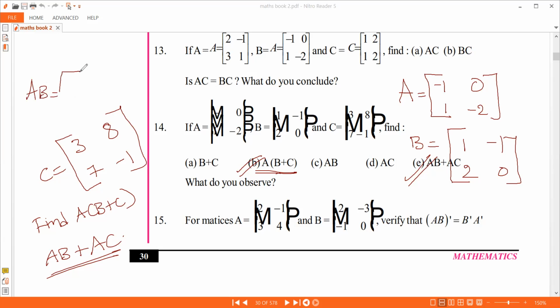Minus 1 into 1, minus 1. So minus 1, that is 0. Minus 3, minus 8, and the third one is 1 into 3, 3, plus minus 2 into 7.